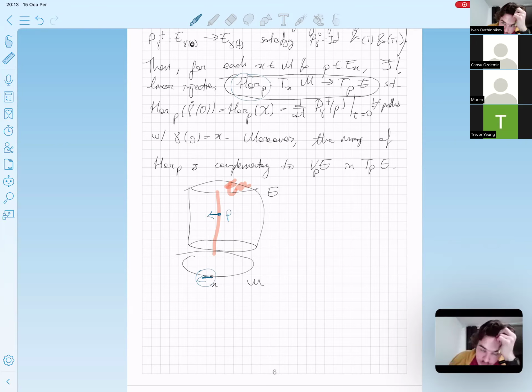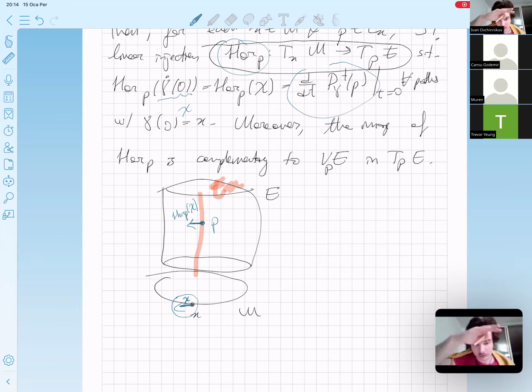So the idea is to say, how does a direction on the base space, what directions does that correspond to on E? What direction does that correspond to at a point P on E?